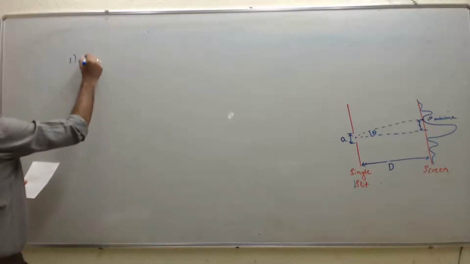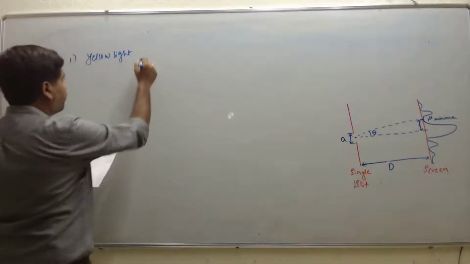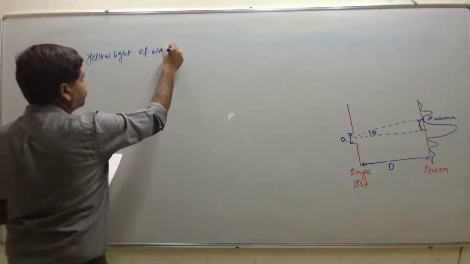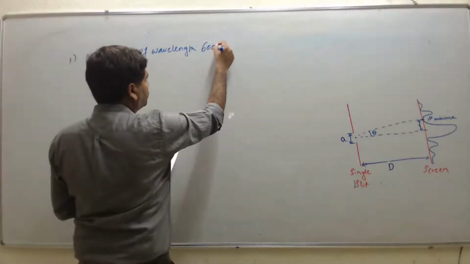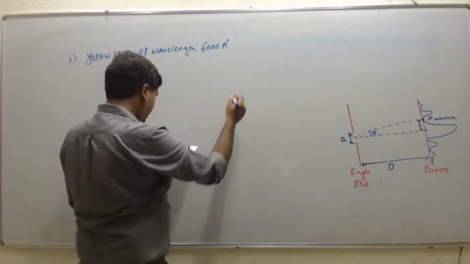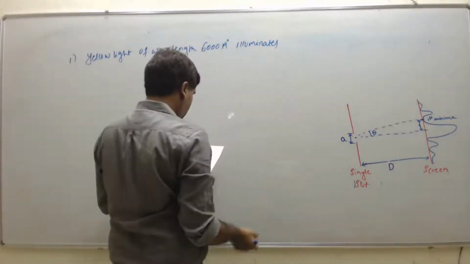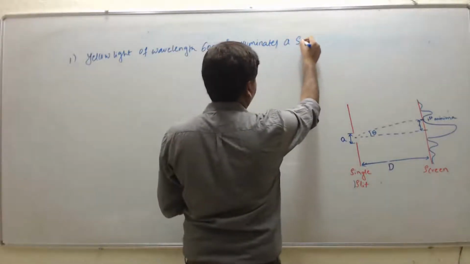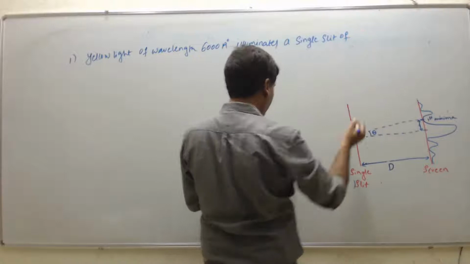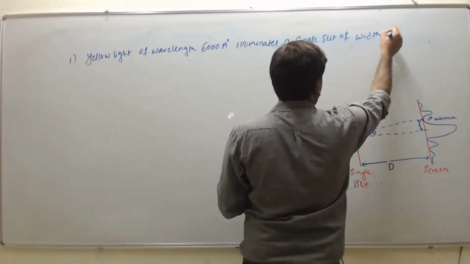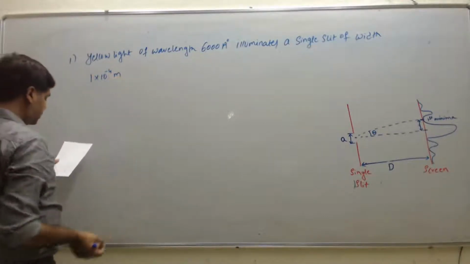So next question is: yellow light of wavelength 6000 angstrom illuminates a single slit of width 1 into 10 to the power of minus 4 meters.